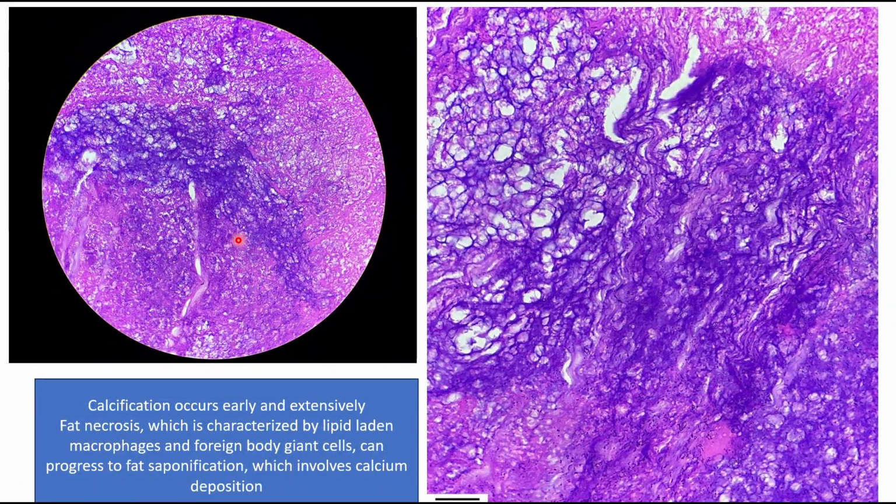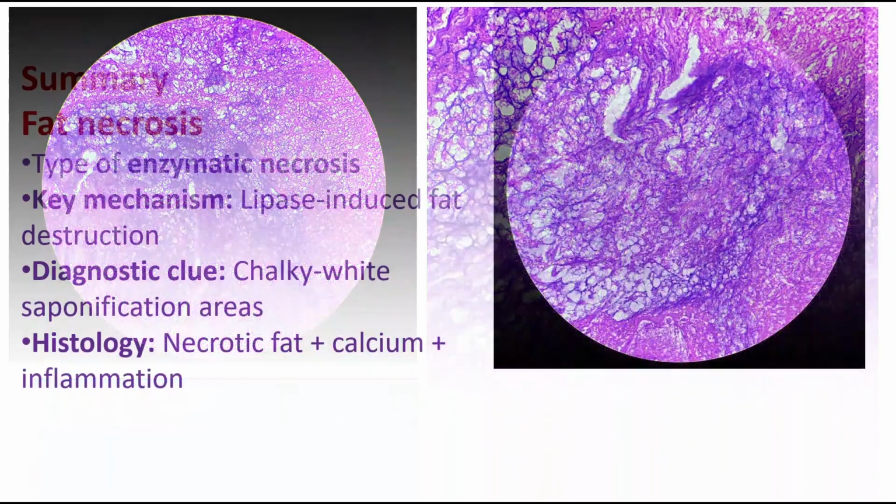Calcification is seen early, and when extensive fat necrosis is there, it is characterized by lipid-laden macrophages and foreign body giant cells. This is fat saponification, where there is blue granular deposit of calcium along with the fat. So this is high power view, where you can find ghost outline of adipocyte, which has bluish granular deposition of calcium, that is called saponification.